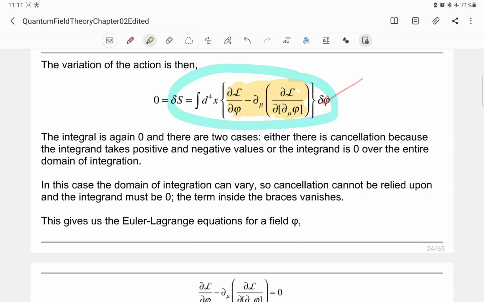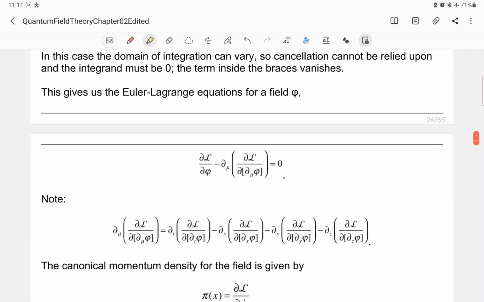So in this case, the domain of integration can vary, so cancellation cannot be relied upon, and the integrand must be 0. The term inside the braces must vanish. And this is just the Euler-Lagrange equation for the field phi.